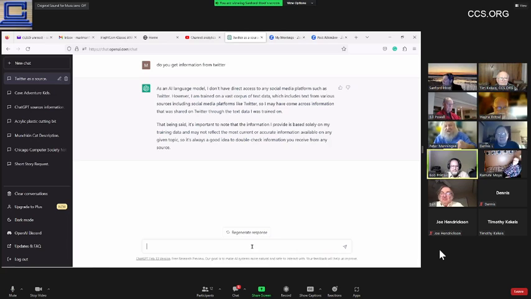But it says it's not going directly to Twitter. Directly, correct. It usually is picking up feeds from other sources that are repeating something that was out on Twitter or Facebook, etc. And I would suspect that's because it does not have social media accounts to be able to tap into to get what you're looking for.